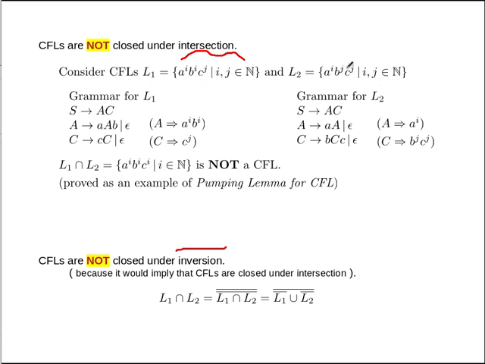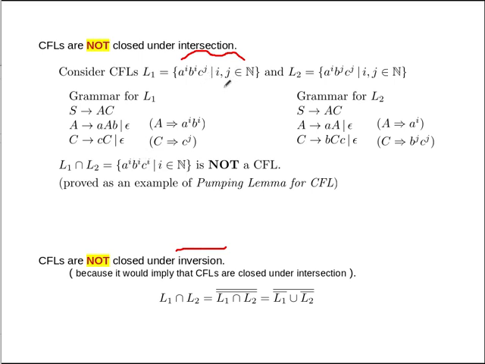And similarly here these two indices are the same, so this B to the J, C to the J, so this J is the same, and this I can be anything, so A to the I, this I can be less than, equal to, or greater than J. So if I take the intersection of these two, it will ensure that the indices here and here are the same, and this will ensure that the indices here and here are the same, so all these indices will be the same.